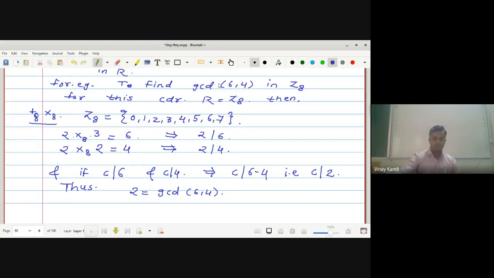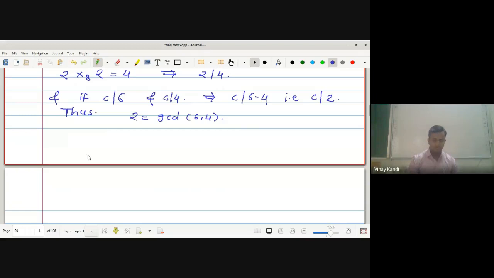Also, we can write 1 multiplication modulo 8 into 6 is equal to 6, which implies 6 divides 6.